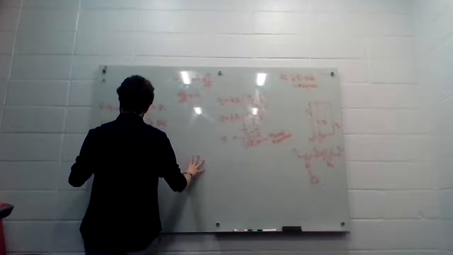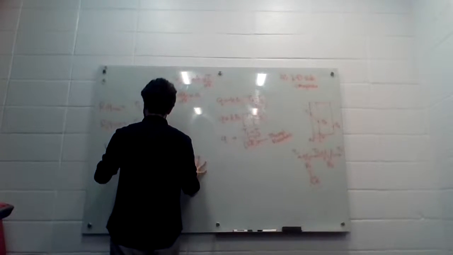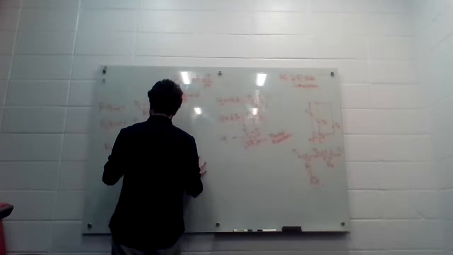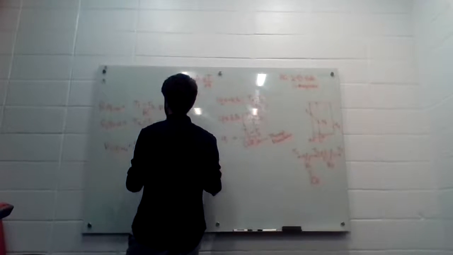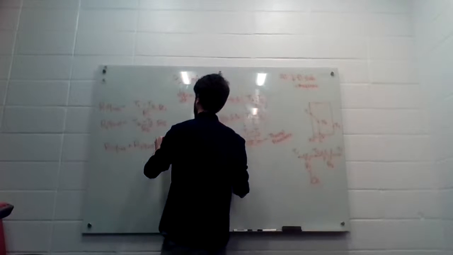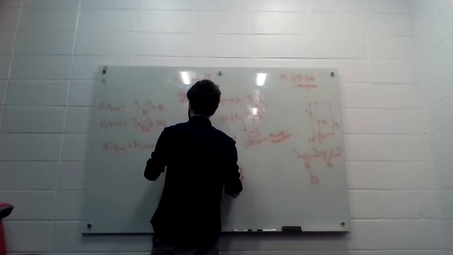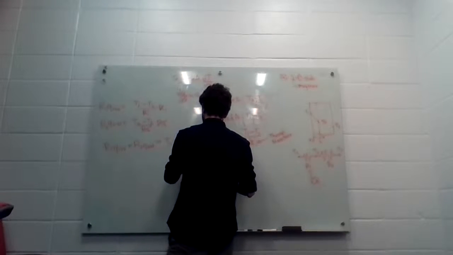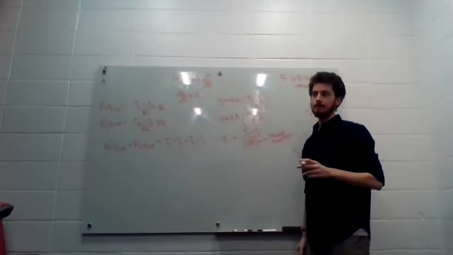R1 Q 1 to 2 plus R2 Q 2 to 3 equals T1 minus T2 plus T2 minus T3. What can I do on the right-hand side?